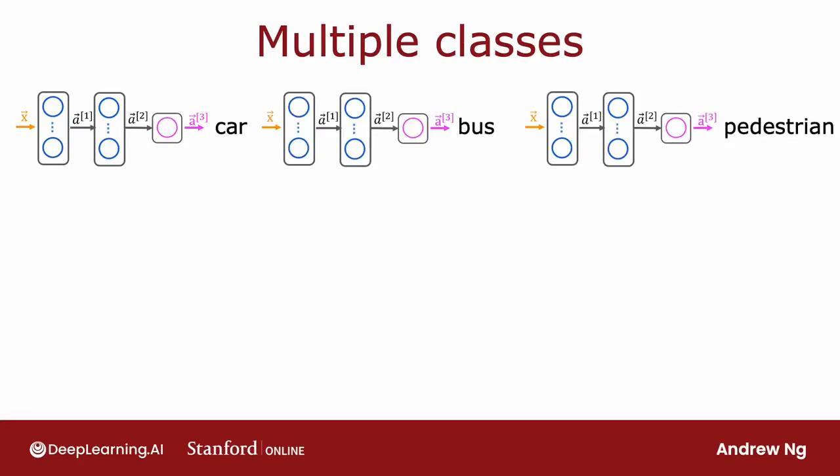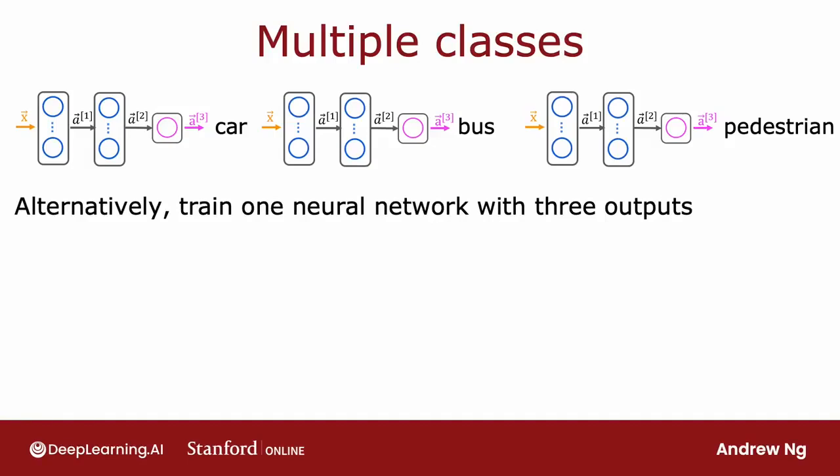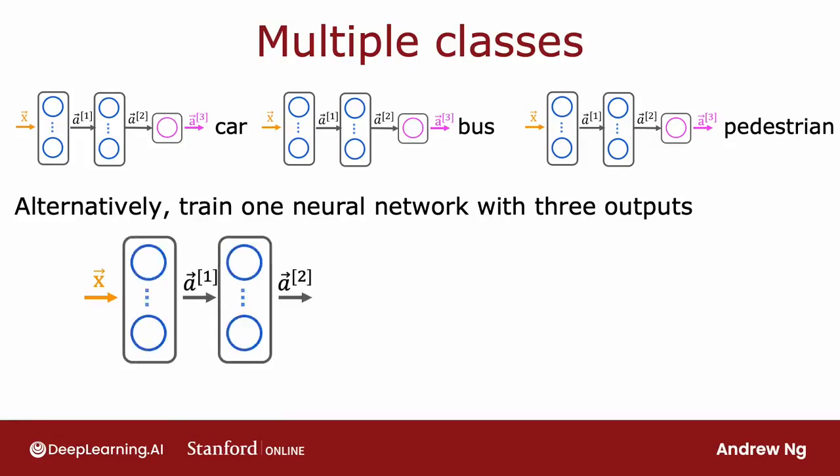But there's another way to do this, which is to train a single neural network to simultaneously detect all three of cars, buses, and pedestrians, which is if your neural network architecture looks like this. That's your input X. First hidden layer outputs A1, second hidden layer outputs A2, and then the final output layer, in this case, would have three output neurons and will output A3, which is going to be a vector of three numbers.